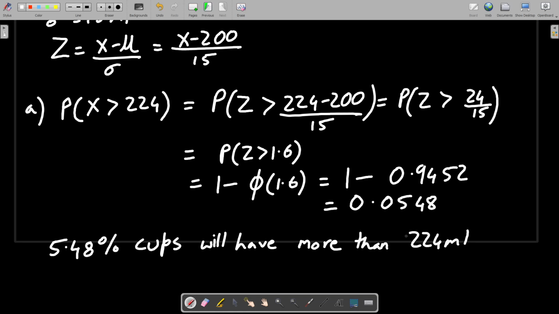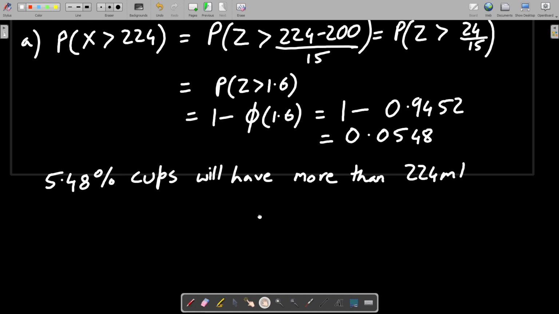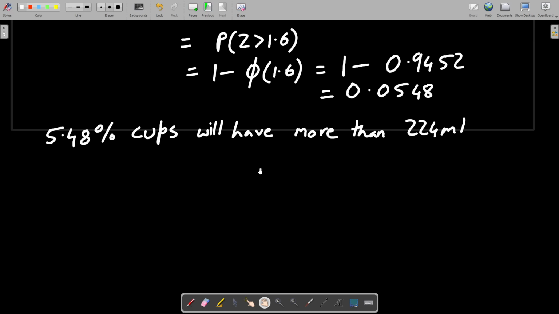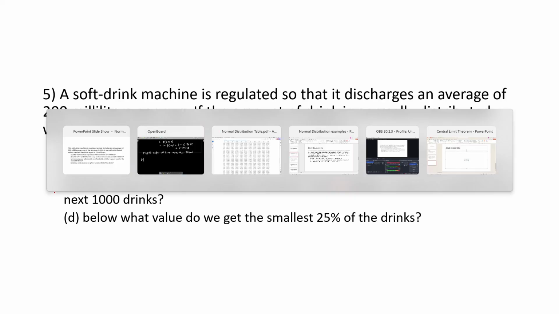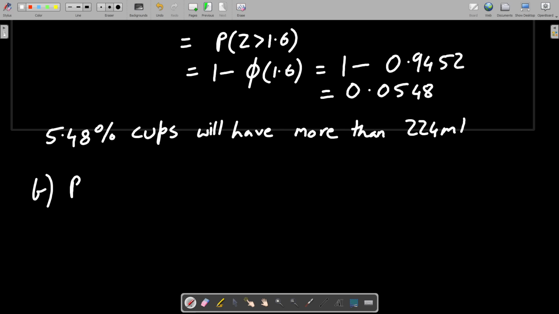So next, the B part of the question. The question is, what is the probability that a cup contains between 191 to 209 ml? So you're asking probability of X between 191 till 209 ml.